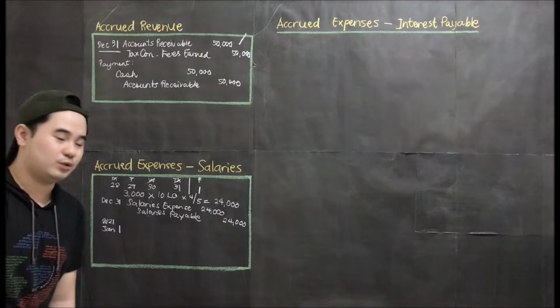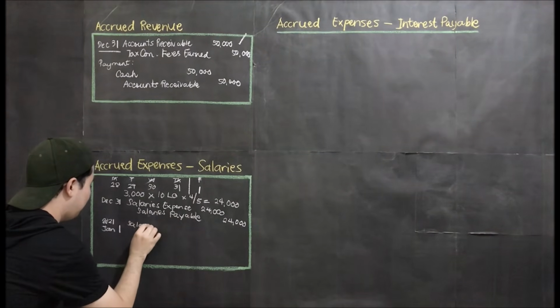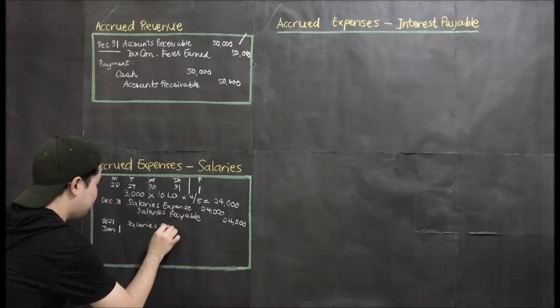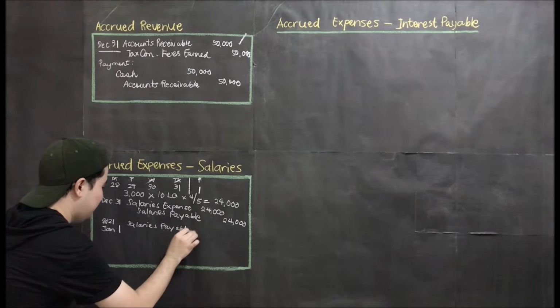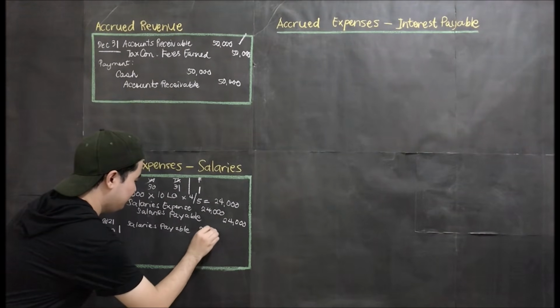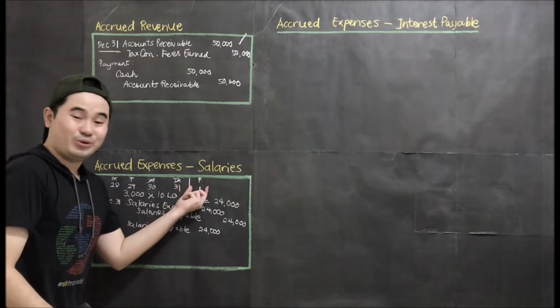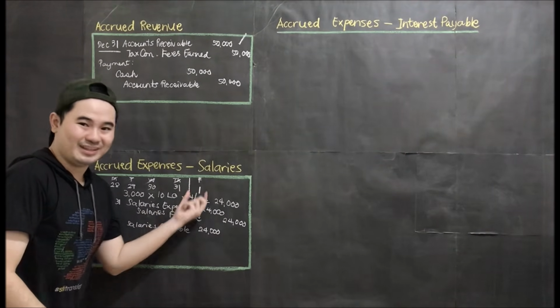So, on January 1, it would be debit yung utang natin sa kanila na 24,000. Tapos, eto, expense na to ng 2021.